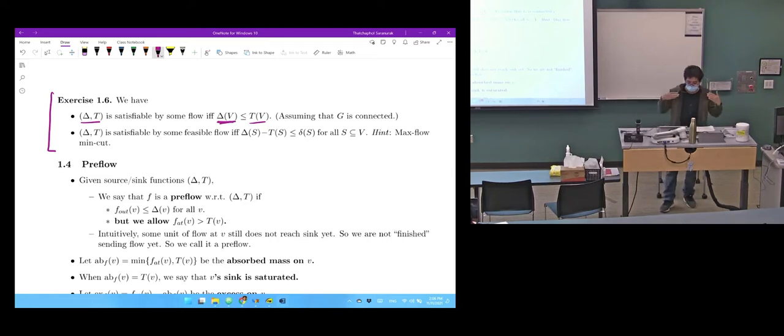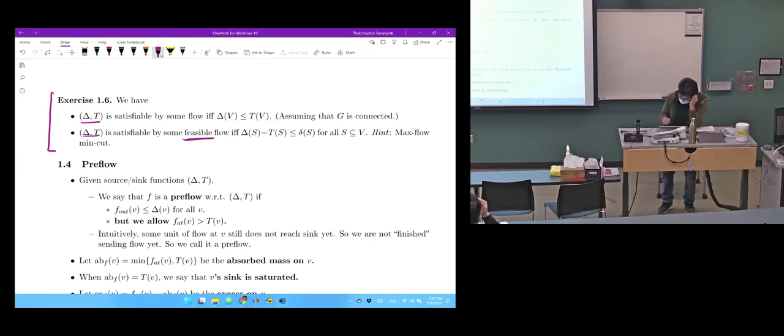If you have a source which is more than the sink, then you're not going to absorb all of it. But as long as this is less than this, then there is a flow at least that sends the source to the sink.